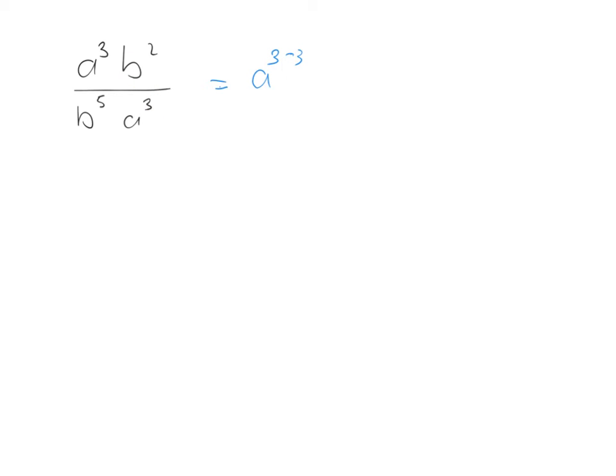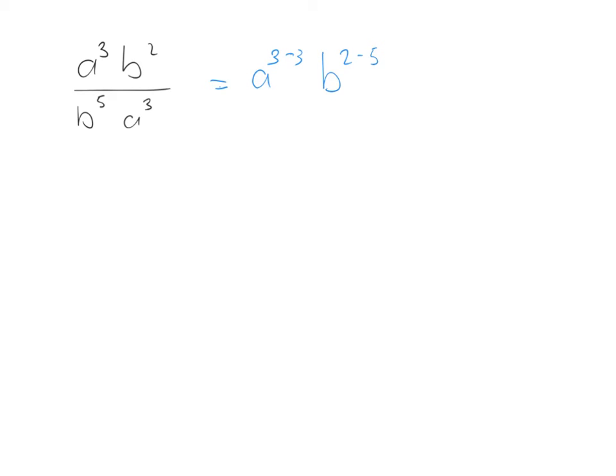And then my other term is b. So then I've got b to the power of 2. That comes from the top here. Minus 5. So the minus 5 comes from divided by and then the 5 down the bottom.